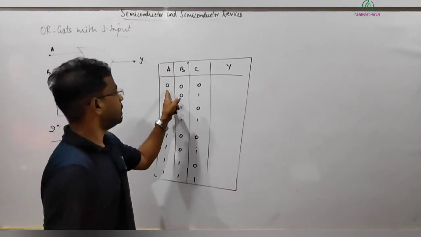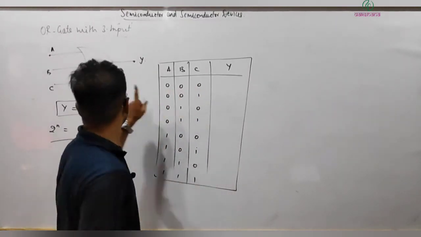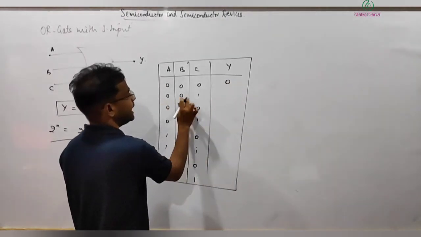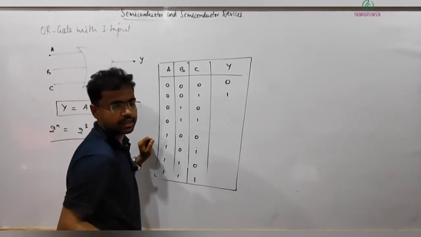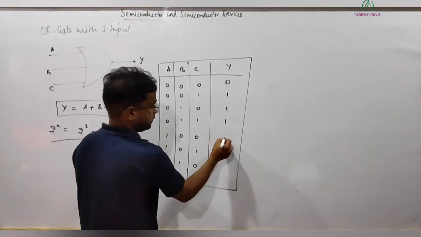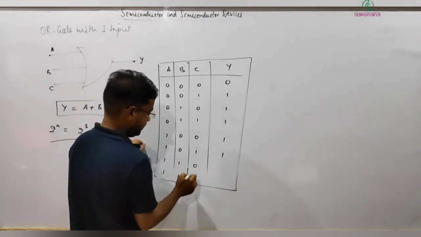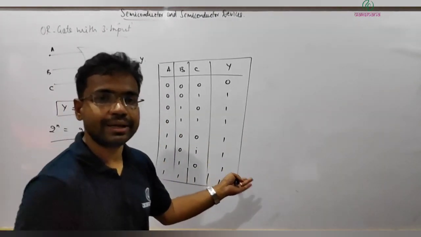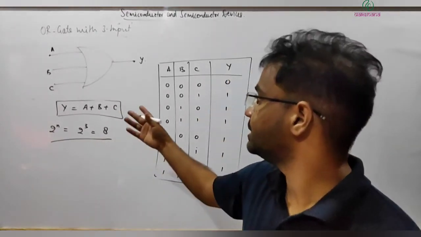Now if all lows pass through OR, what will we get? 0. If either one of them is high, we still get high. So here also we are getting high, one high, still high, two high, still high, and this is high. So this is a simple OR gate with even 3 inputs.